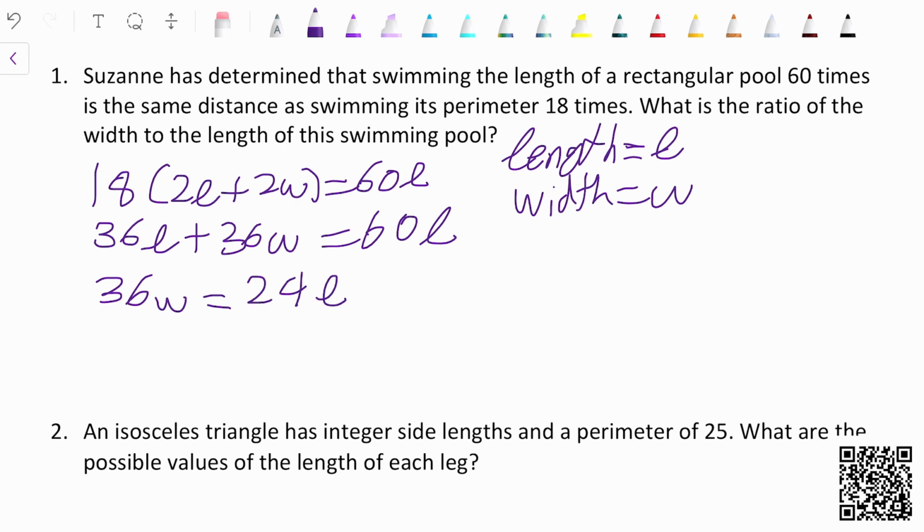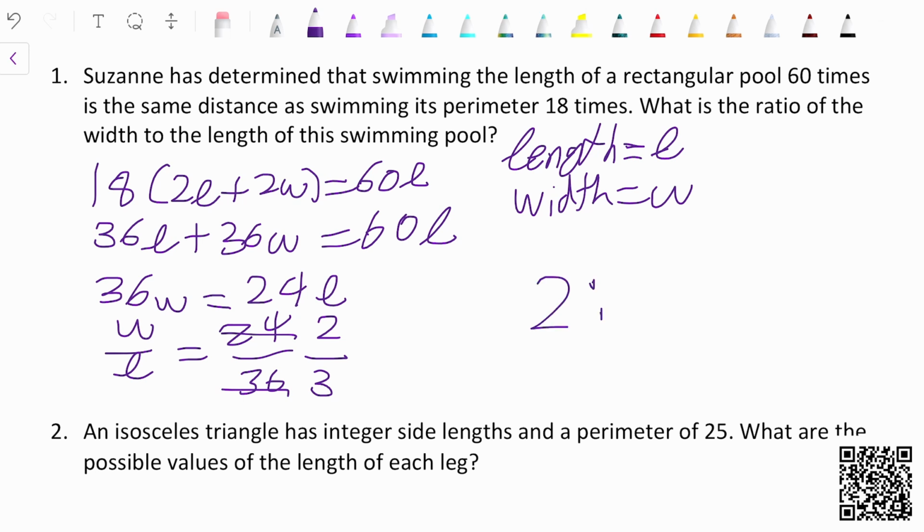So let's divide the L over and the 36 over to get our same format as the ratio of the width to the length. So W over L is equivalent to 24 over 36. If we simplify by dividing top and bottom by 12, we'll get 2 over 3. Therefore, the ratio of the width to the length of the swimming pool is 2 to 3.